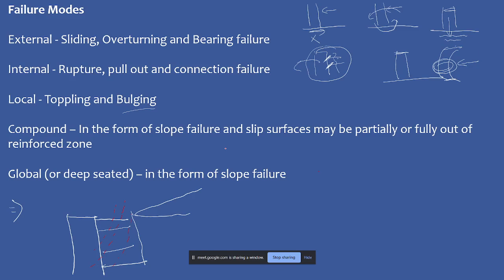And this global failure is basically, since it's happening into some domains of the reinforcement region, this compound failure is when the whole soil available here will develop a particular slip failure. So there also will be the slipping of the soil mass. So that is another failure mode.